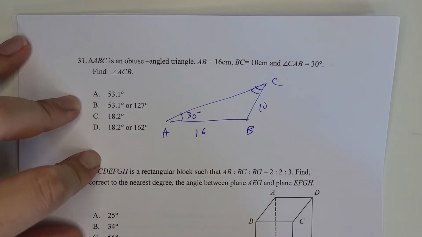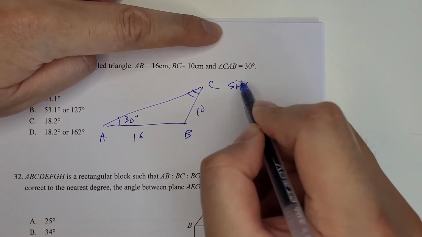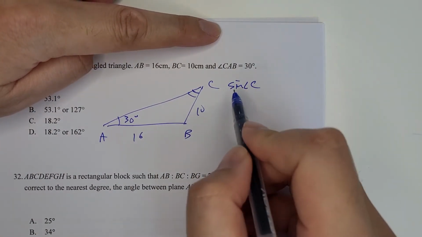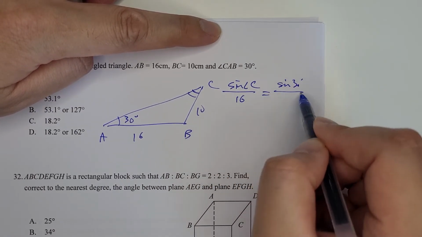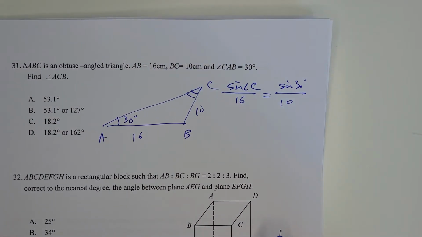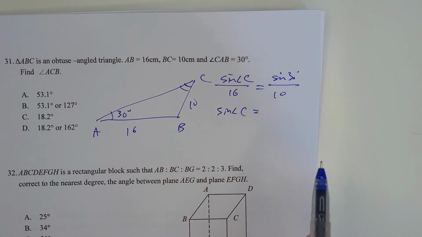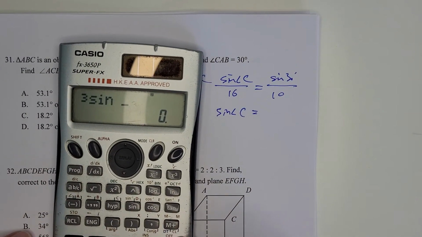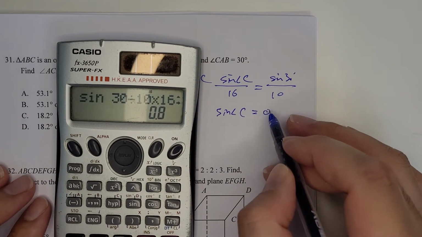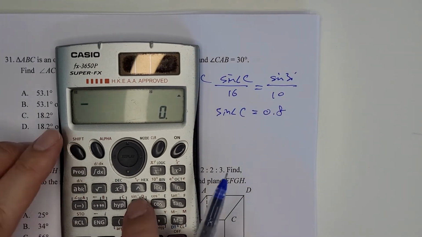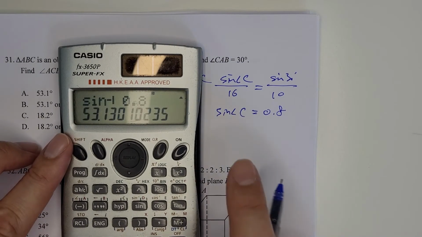Okay, so you could apply the sine rule. Sine angle C, I just simply use C here, over 16 equals sine 30 degree over 10. And sine angle C, that is sine 30 degree divided by 10 times 16, 0.8. So shift sine 0.8, you will get 53.1.